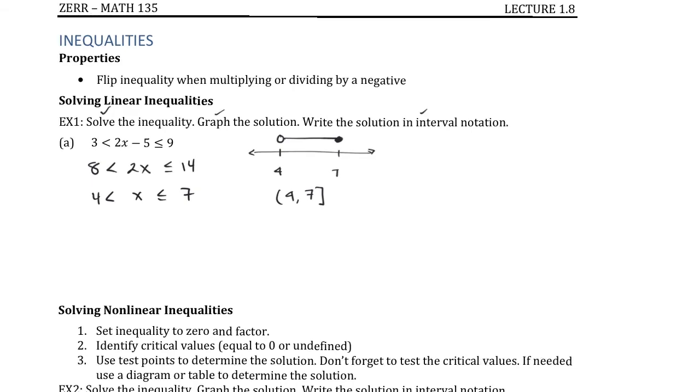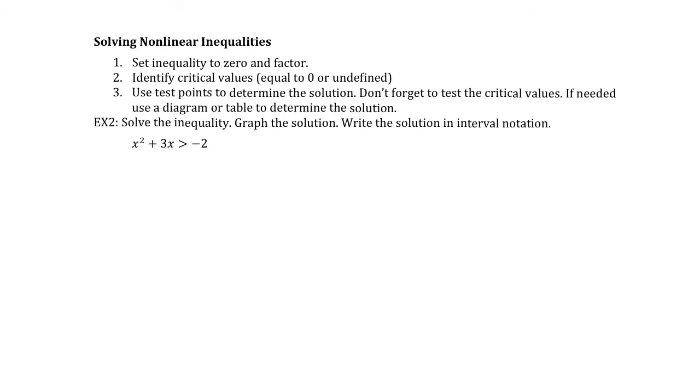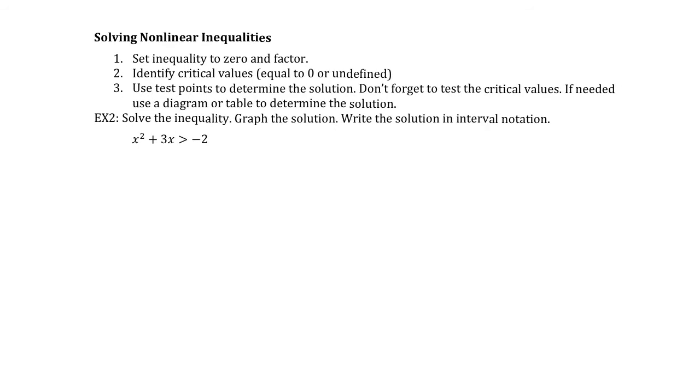Now let's look at nonlinear inequalities. With these, we need to set this equal to 0, so I'm going to add 2 to both sides. And now our next step is to find the critical values. So we're going to set this equal to 0, and then we're going to solve it.